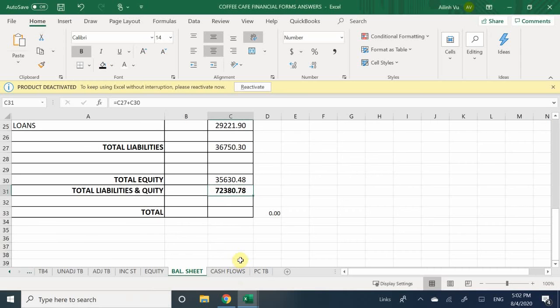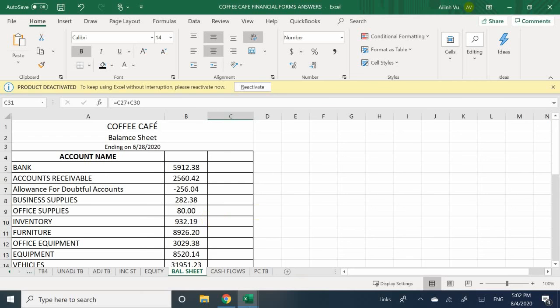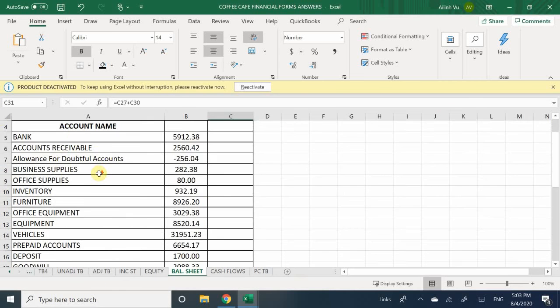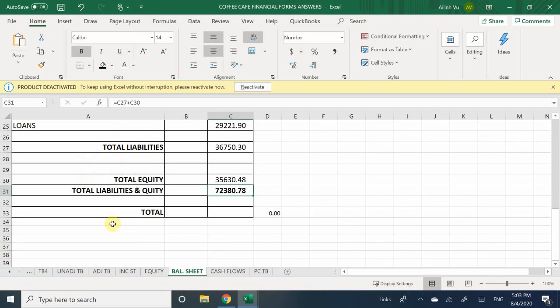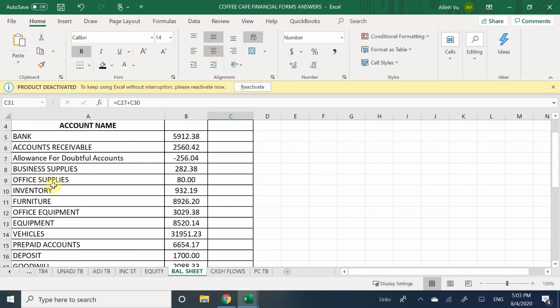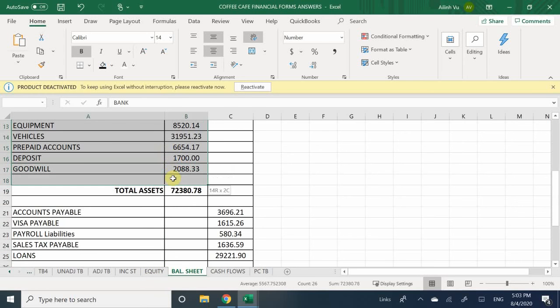Since we know that the only accounts that we actually closed out were our revenues and our expenses. What I do know that has stayed are my permanent accounts.